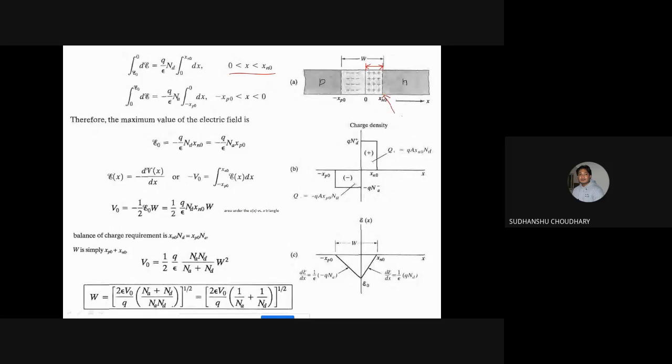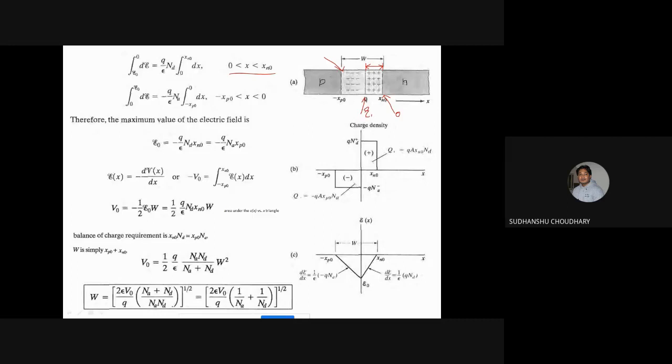As I said, it will originate from here, so it will start from 0 and it will end at 0. So at this point, x_n0, the electric field is 0, and at this point we have already assumed it is E_0.